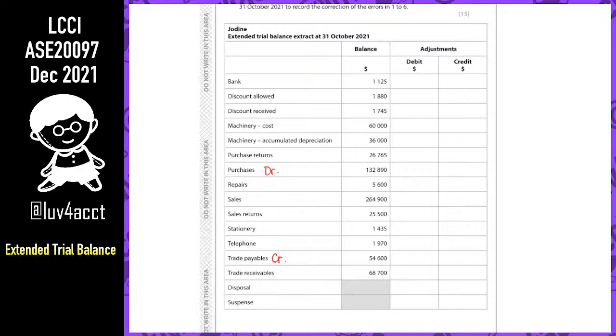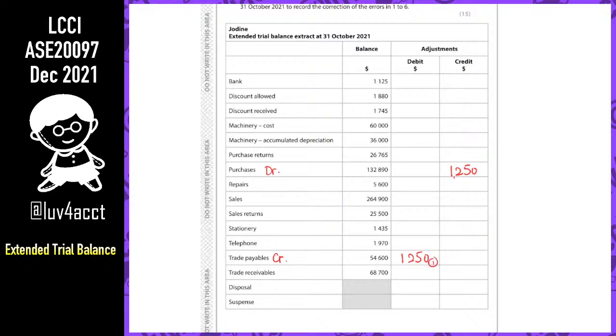Purchases is in the debit side, so reducing it will go to the credit side, 1250. And for the same reason, trade payables, it is a credit side normal balance. If we have to reduce it, 1250 here. Let me mark down this as item 1, for your better reference.